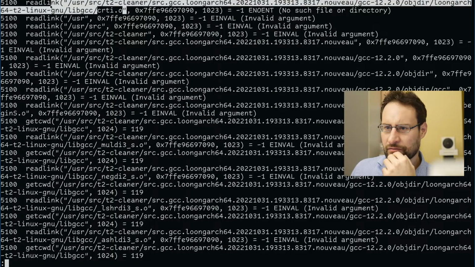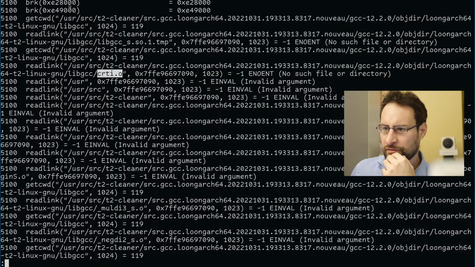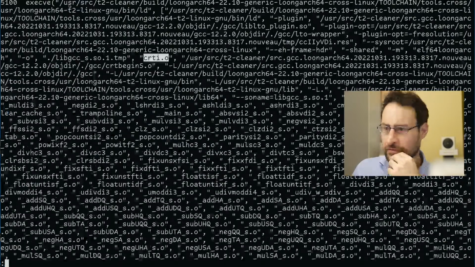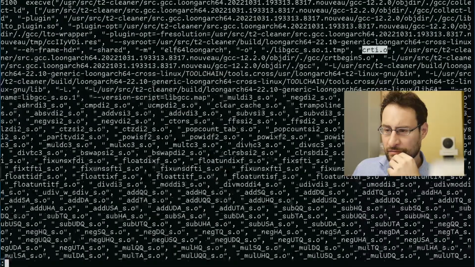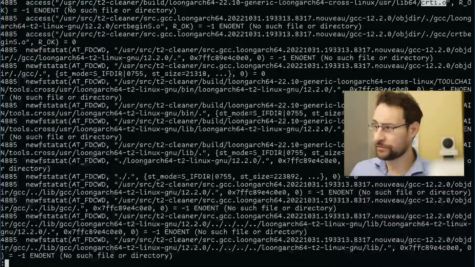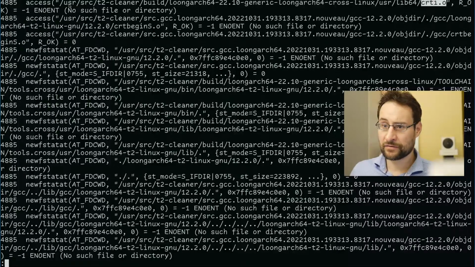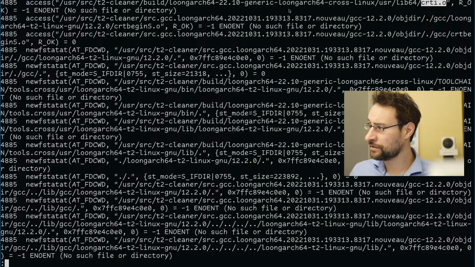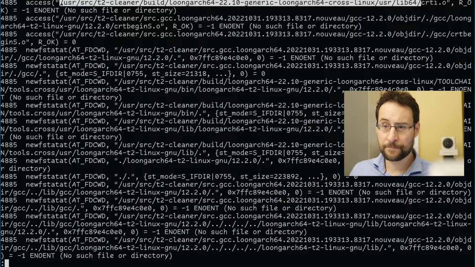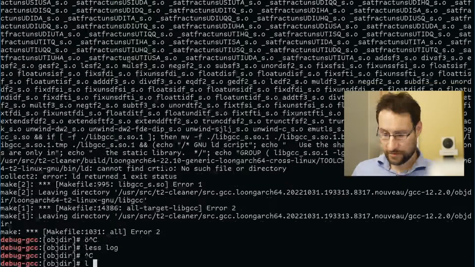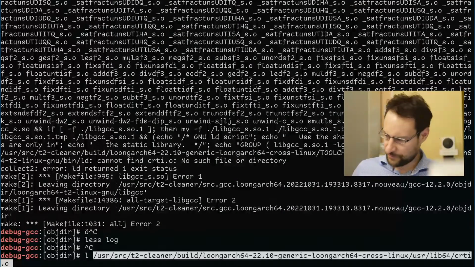Okay, that is clearly not existing. That's the only place it wants to search for it. There's also lib64, so that would actually be a path that would work if we would have... So maybe that is something we configure.